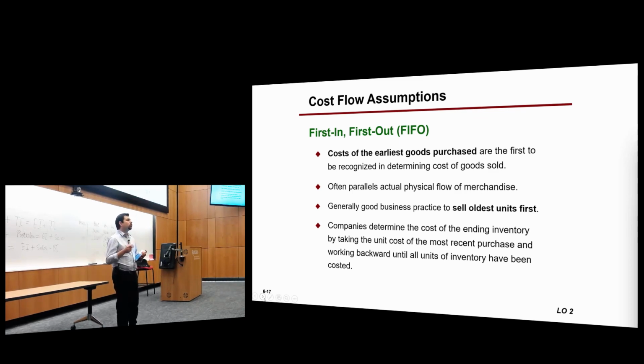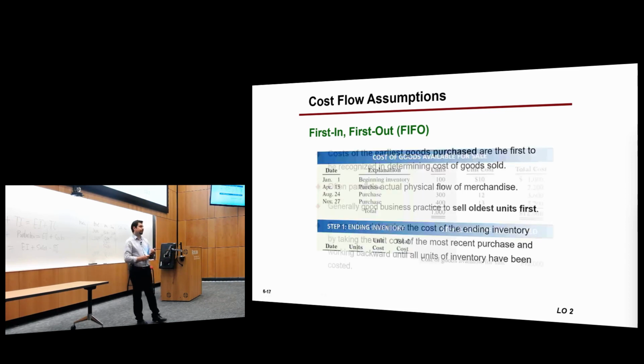When they use an assumption or estimation, this is more like an approximate number, okay? The approximate number is calculated for the ending inventory and the cost of goods sold based on the assumption that the first items purchased will be the first items to be sold. Okay? So let's see how this is done.